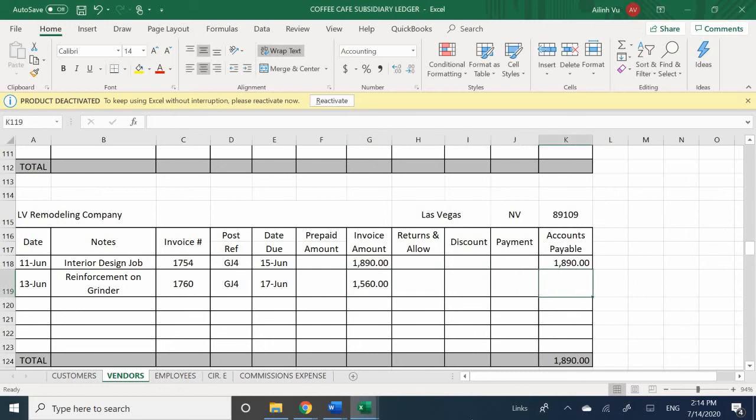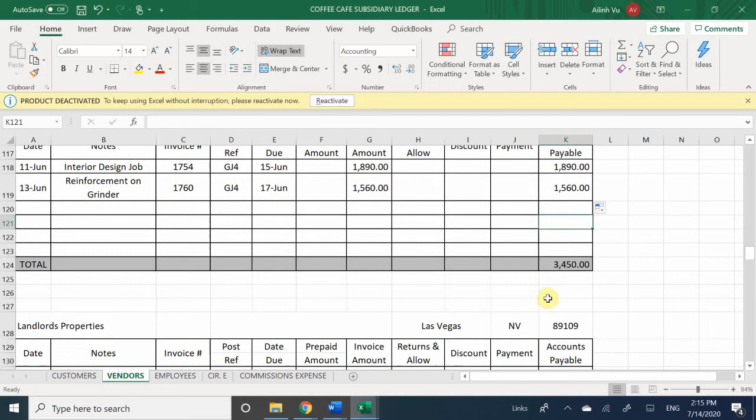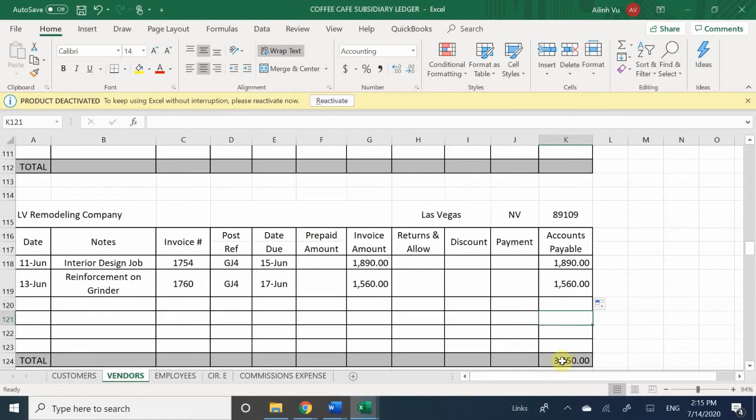And we did not pay for it, so therefore, if we did this formula correct, we should owe another $15.60, which gives us a grand total of $3,450 that we owe to LV Remodeling.